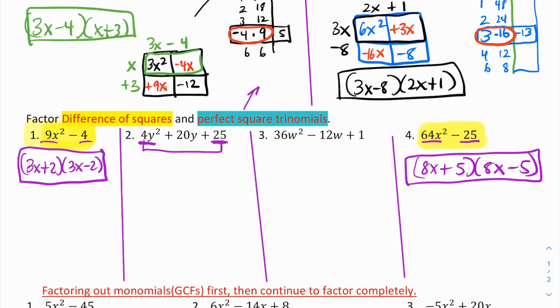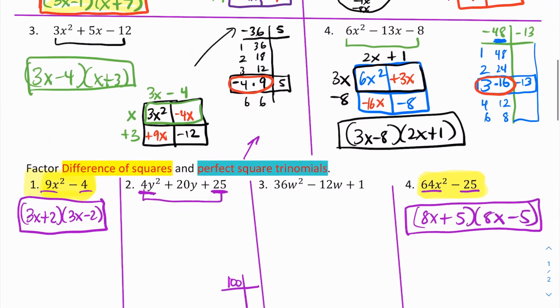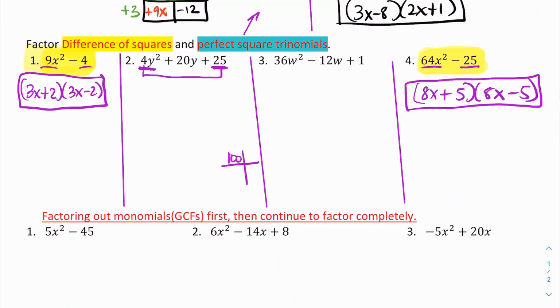So 4 times 25 is 100. And I need to get 20 in the middle. Okay, so if I get 20 in the middle, then that would be 10 times 10.